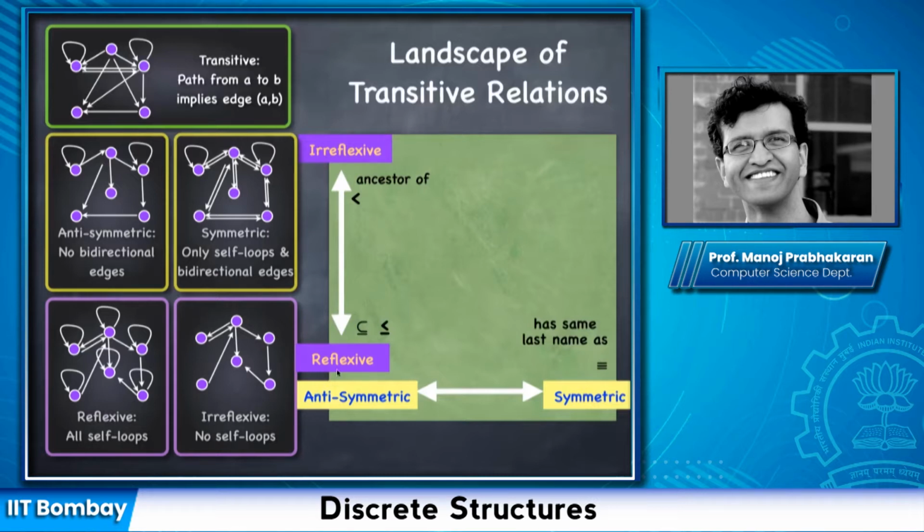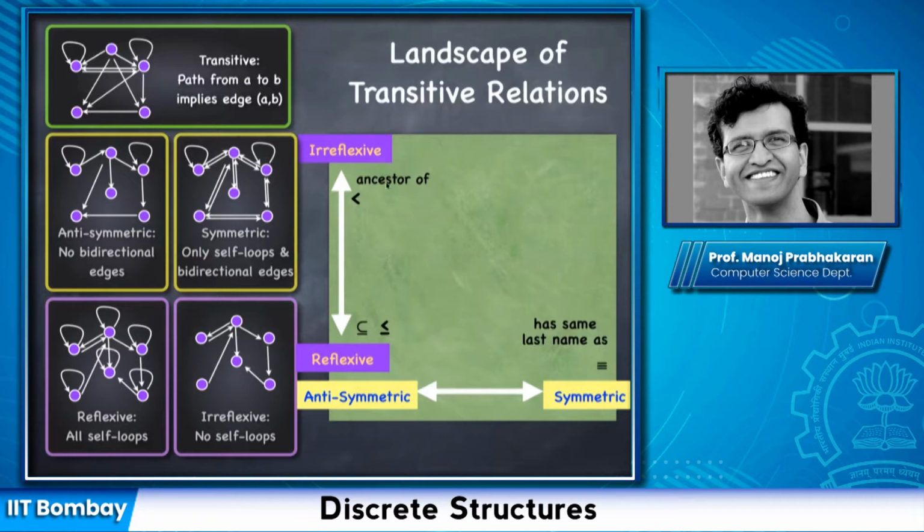In our examples, strictly less than is an irreflexive relation. Ancestor of: my understanding here is that you cannot be your own ancestor. I'm calling A an ancestor of B only if A is not B themselves. It's somebody necessarily older than them.